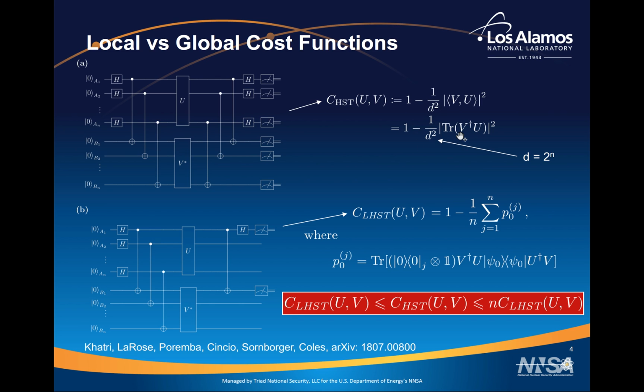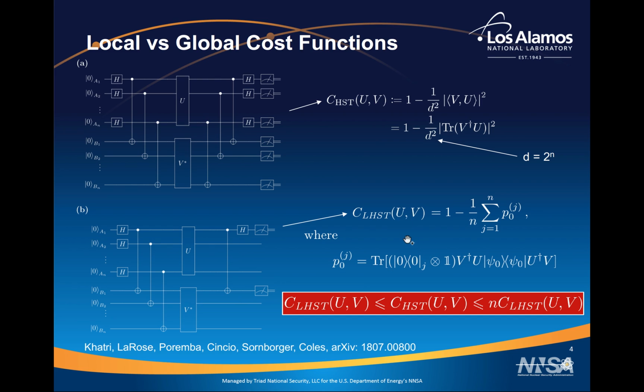So unless U and V are very close to each other, this is essentially a flat landscape and has a barren plateau. Unless you're exponentially already close to U, you'll never be able to find it because the gradient is effectively going to be 0. So we use a local Hilbert-Schmidt test. It can be proven that this circuit using this cost function, which makes multiple uses of this circuit, is faithful to this cost function.